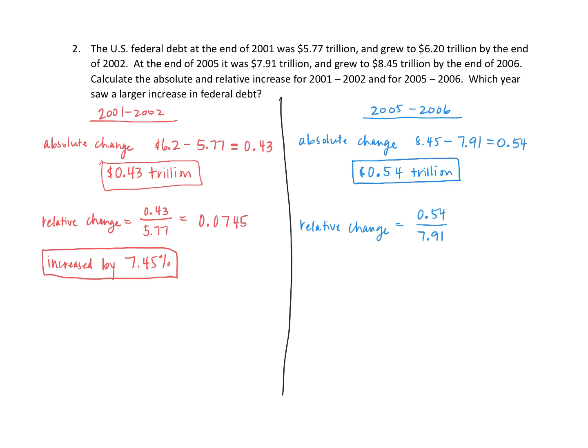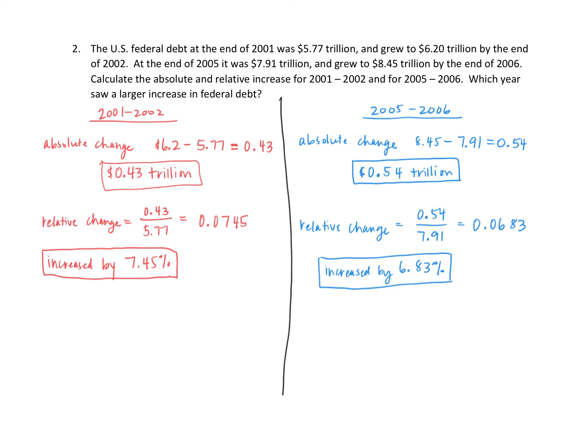So 0.54 divided by 7.91, and we would get 0.0683. So as a percentage, that would be 6.83%. So you could say the debt increased by 6.83%.